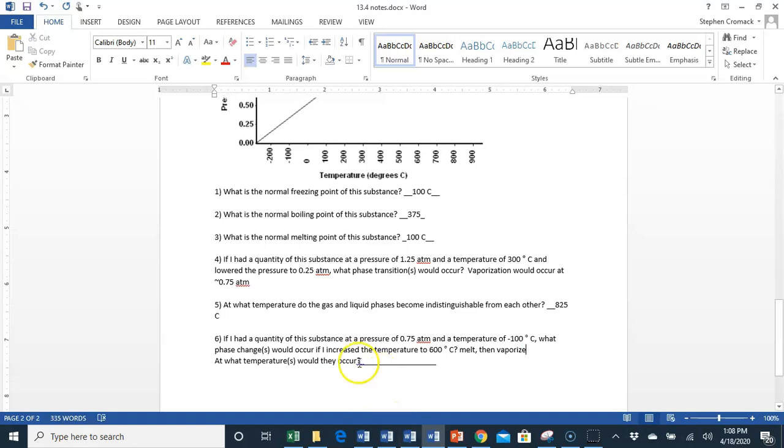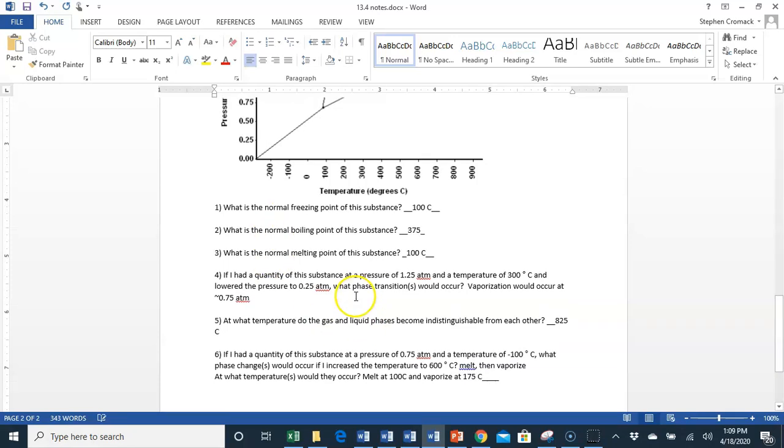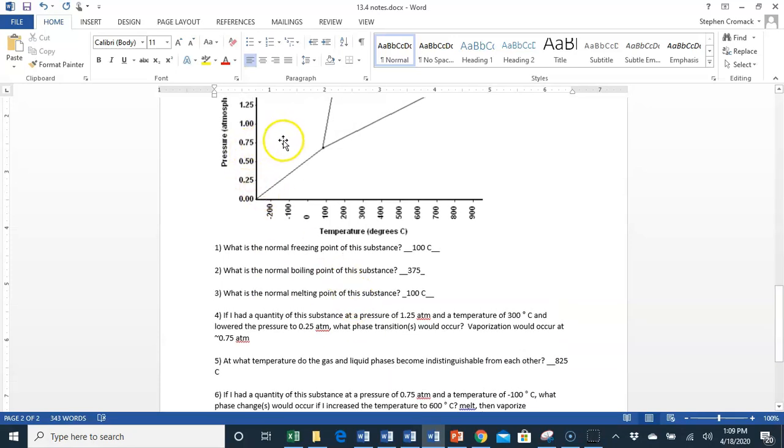We melt at 100 Celsius and vaporize soon after at about 175 Celsius. So again, that was moving across this line. We started at -100, we moved over the transition line, and then we moved over the transition line again to go to 600 degrees Celsius.